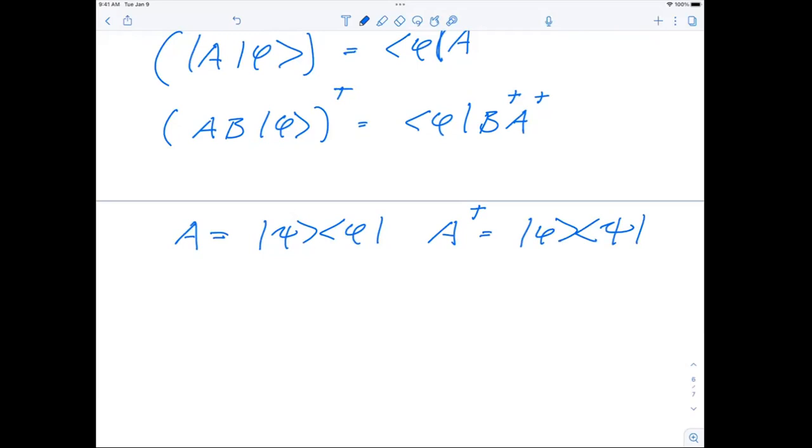Okay, so I see there's a question in the chat here. Yeah, that's correct. So I'm using a little bit sloppy notation here. Normally it's called the adjoint operation, the Hermitian conjugate. So I'm a little bit sloppy with the language here. That's correct. So they also call adjoints.